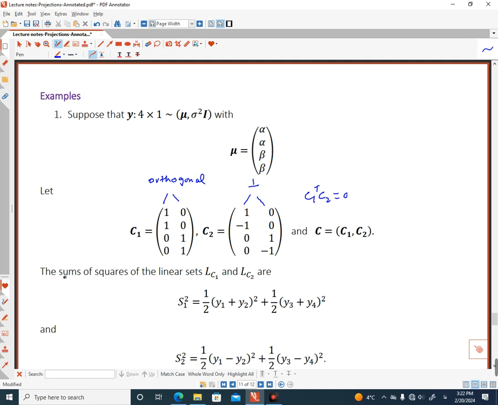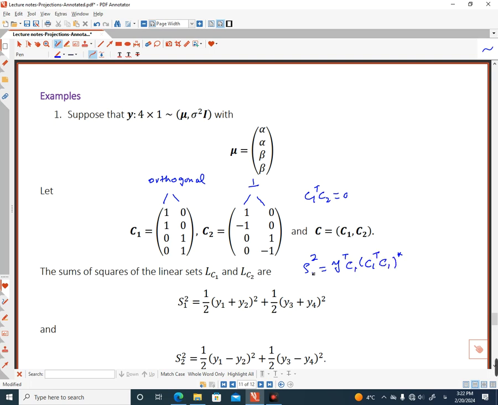Then we can say the sum of squares of linear sets LC1 and LC2 are based on the computation that we had above, or better say not this one, is equal to y prime C1, better say C1.